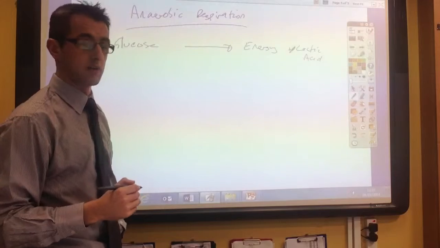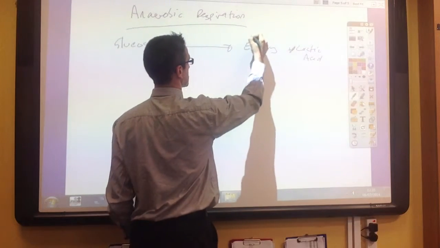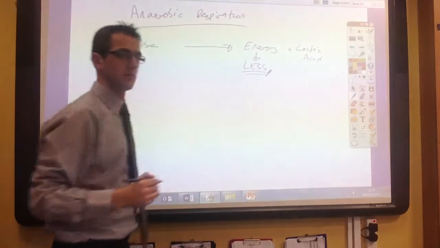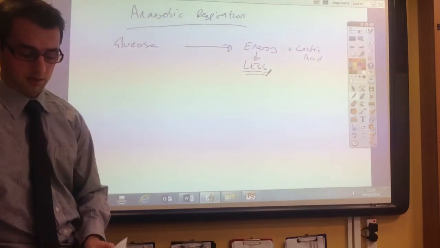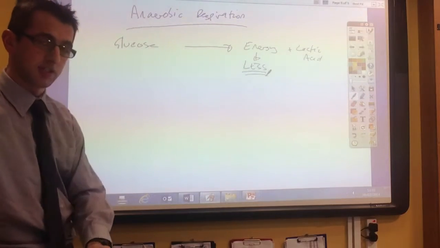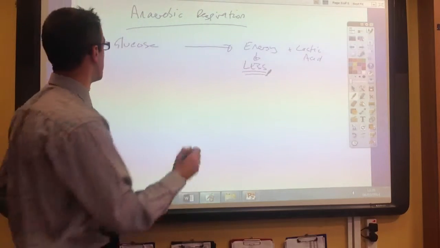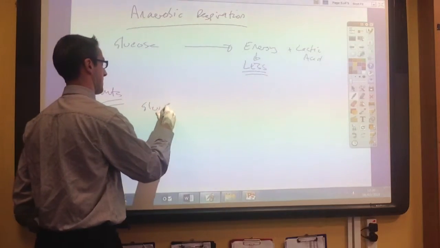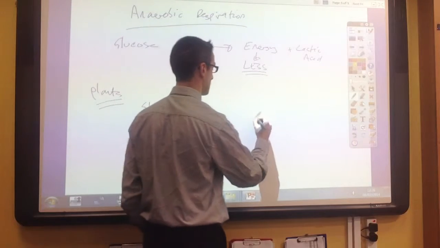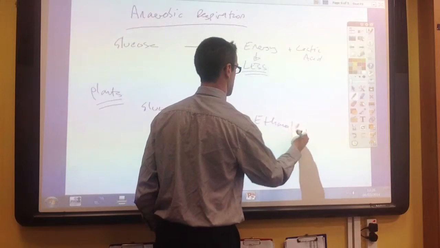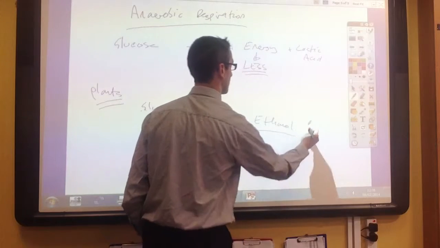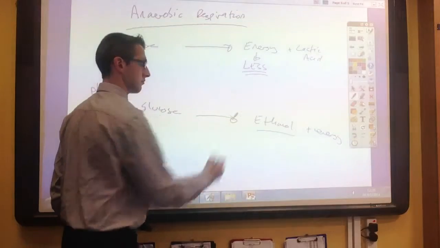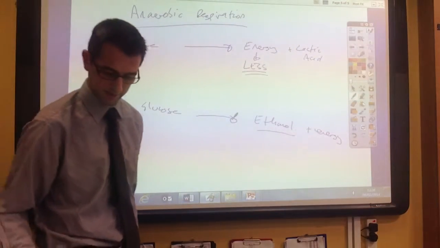The result of anaerobic respiration is that you get much less energy. In plants, anaerobic respiration can still take place, but as a result, instead of getting lactic acid, ethanol is formed, as well as the energy to provide the energy for life processes to take place.